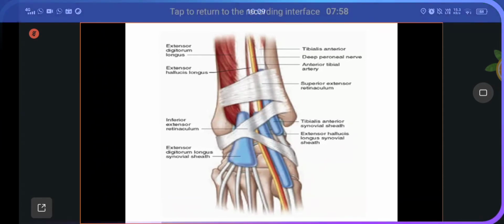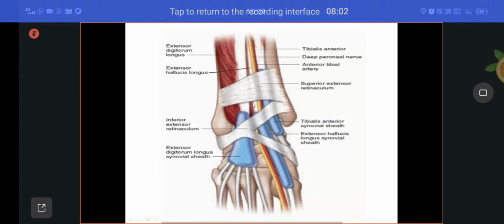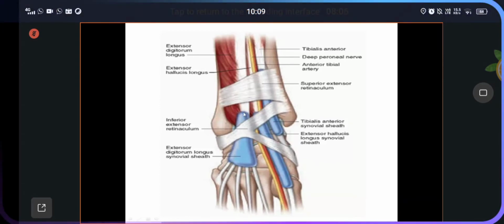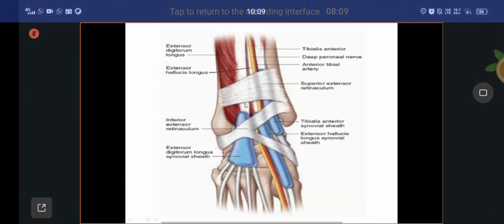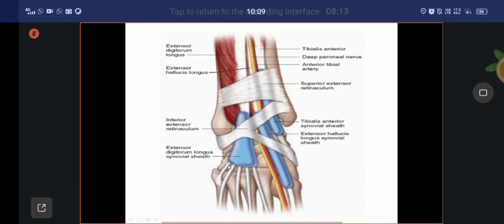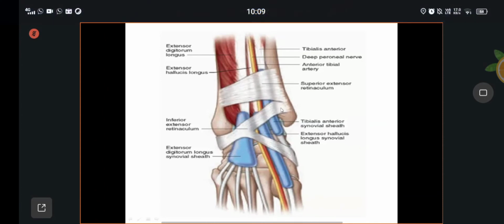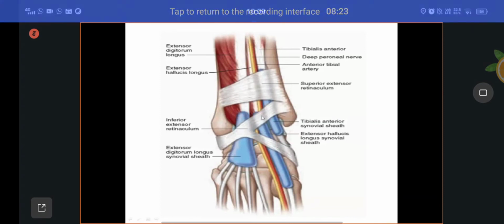After that, you can see this red color tibialis anterior artery, this yellow color deep peroneal nerve. After that, this muscle is extensor digitorum longus. These 4 tendons, and the 5th tendon is represented by peroneus tertius muscle.